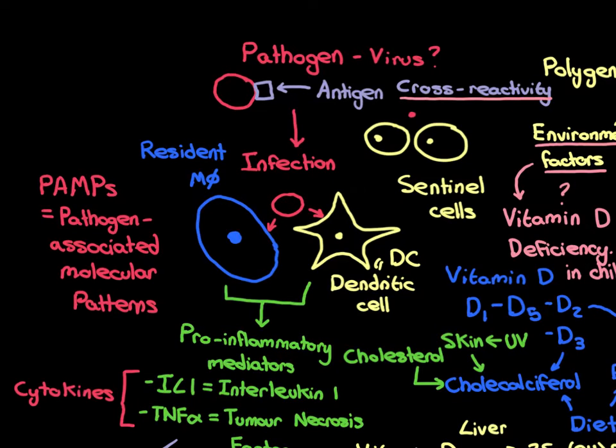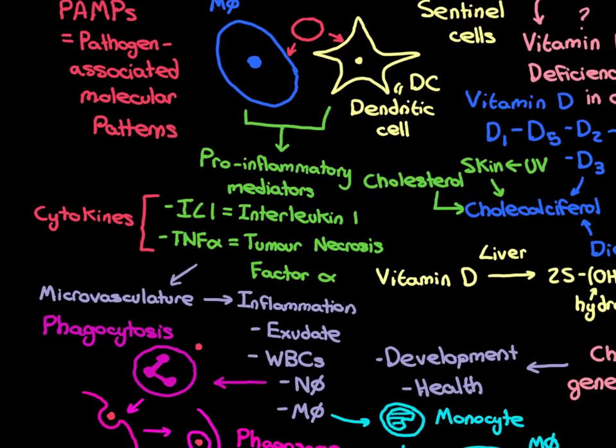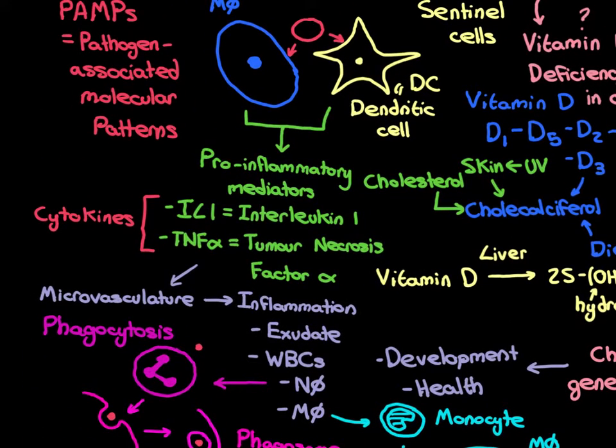And when these realize that there is a pathogen present within that tissue, and they'll do so by recognizing pathogen-associated molecular patterns on this pathogen, they will start releasing pro-inflammatory mediators, or indeed the two that we've named you could call pro-inflammatory cytokines. So the major two pro-inflammatory mediators are interleukin-1 and tumour necrosis factor alpha, so they'll start producing interleukin-1 and tumour necrosis factor alpha and secreting these into the extracellular fluid.